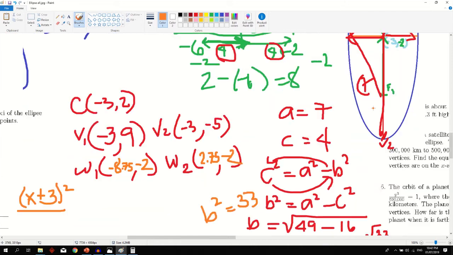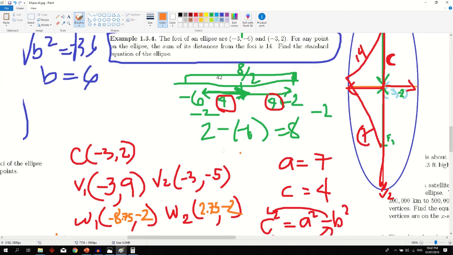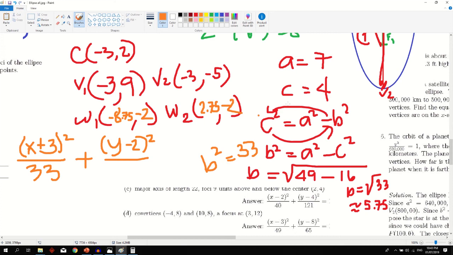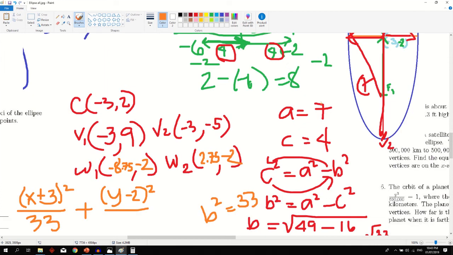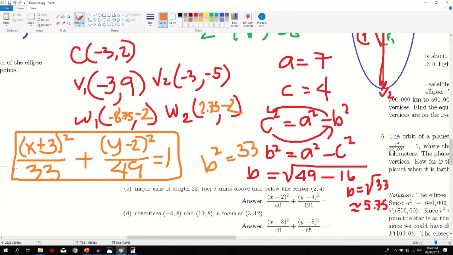Oh no, it is the y-axis, so it will be the b, so over 33 plus, always plus, ellipse is a plus, y, so if we transpose that, it will be y minus 2 squared over a. So a times a, a is 7, squared is 49, equals 1. So this is our standard form.